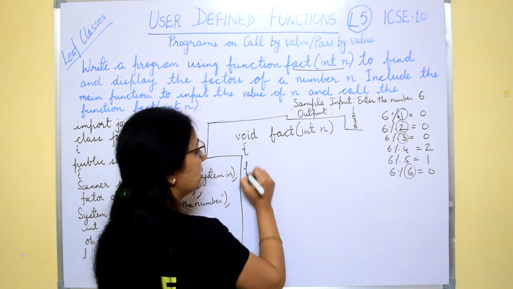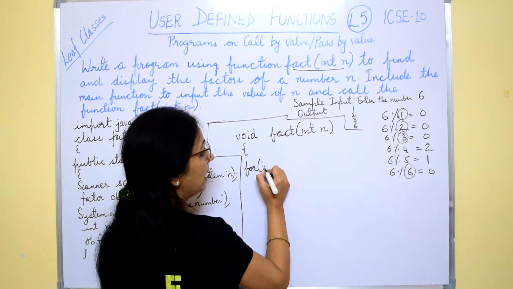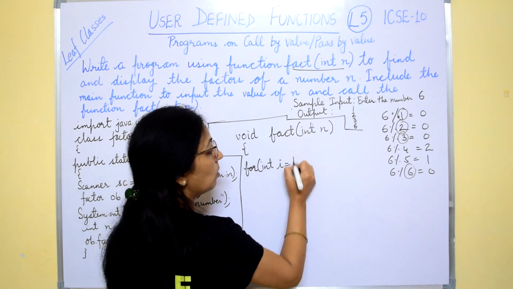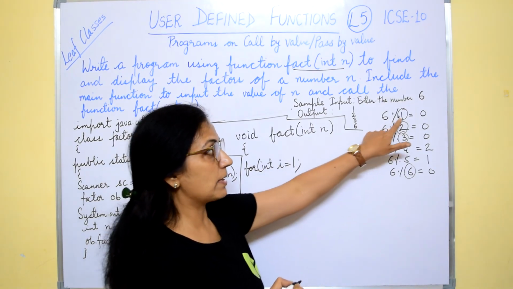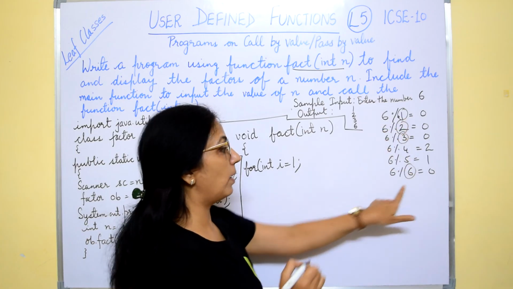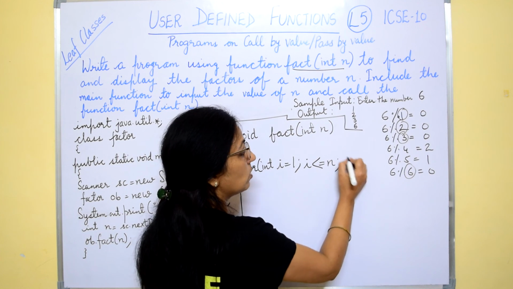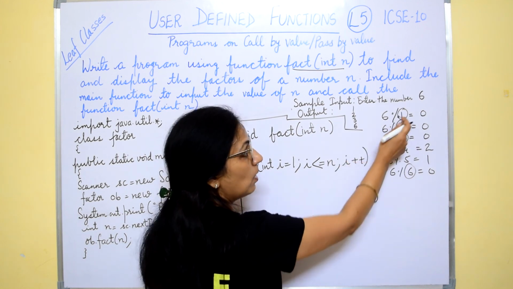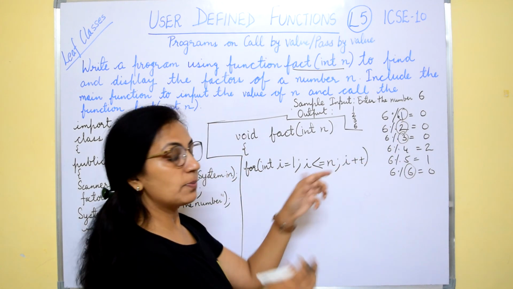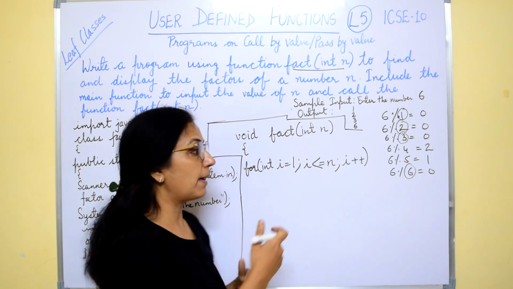So here we will take the loop for int i equals 1. Why 1? Because I want to start dividing from 1 until that number. So i less than or equal to n and i plus plus, so 1, 2, 3, 4, every time it is incremented by 1.